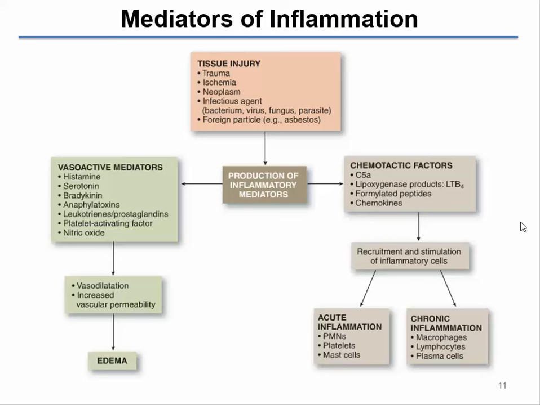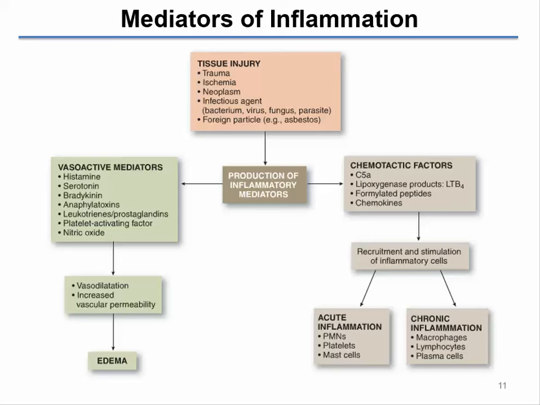Most of them are chemokines. Chemo, chemicals; kines, movement. So chemicals that cause movement. C5a is one of the complement proteins that we talked about before in A&P when we talked about the immune system.